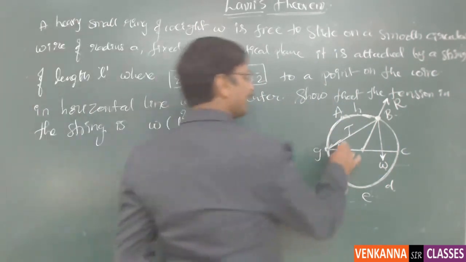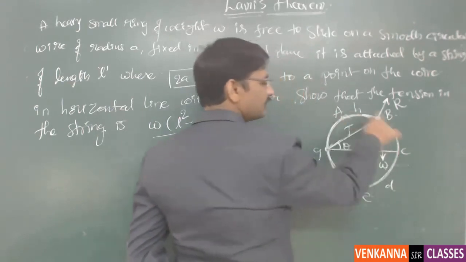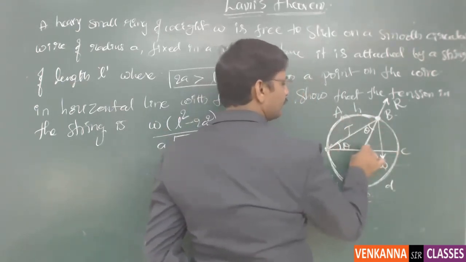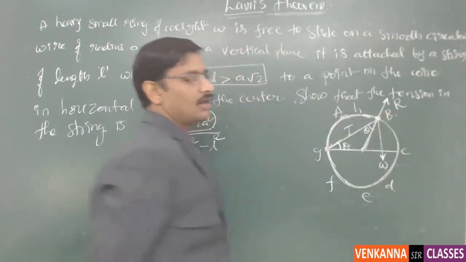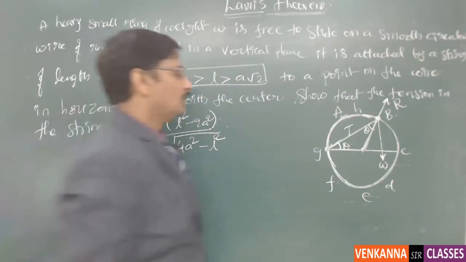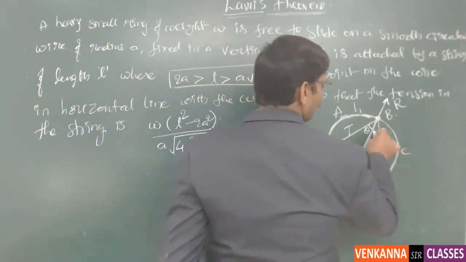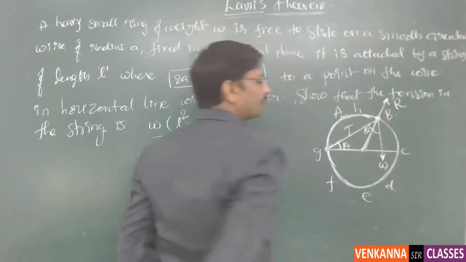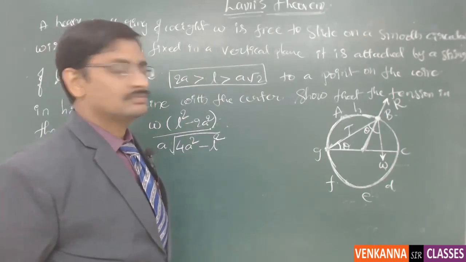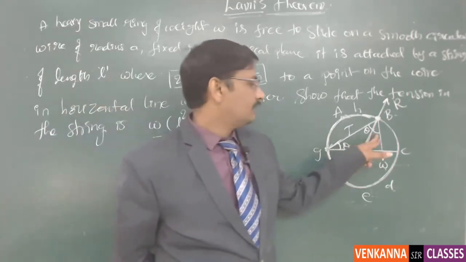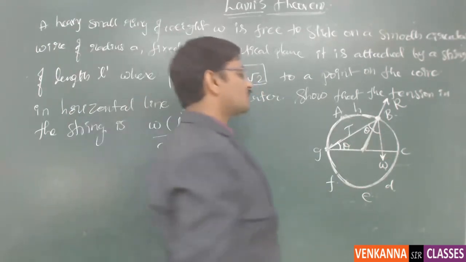So let me call this angle theta, and obviously this will also be angle theta because this is a circle. This is one radius and this is another radius. The chord is nothing but the length of the string. A chord will always make equal angles, so this angle is theta and this angle is theta. And then this angle, we can identify it. How much is that angle? 90 minus 2 theta.